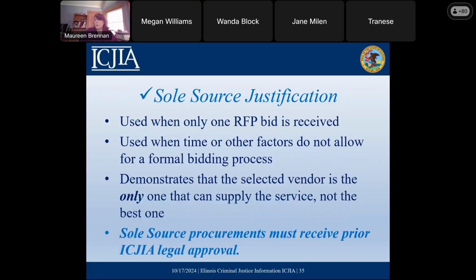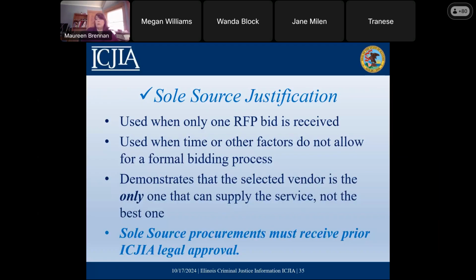And here's the sole source justification. There are only a couple of times that a sole source is used. If you do an RFP and you only get one bid, you need to complete the sole source justification that would document that you did this process and only got one application. There are times when either time or some other factors don't allow for a formal bidding process.